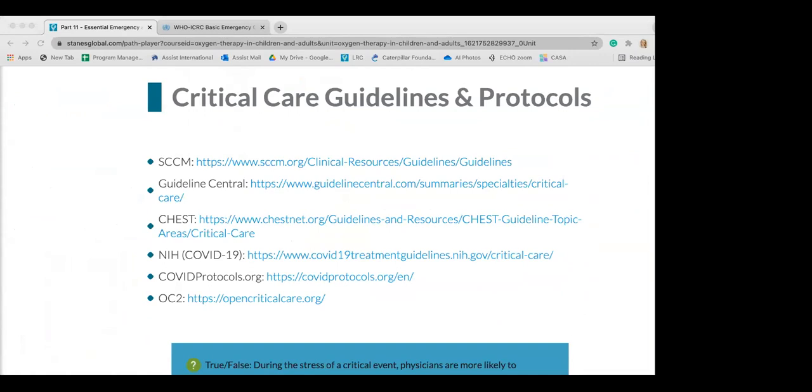Protocols: there are some protocols which you may use. Most of these protocols are from the US, but feel free to use one of them as you see fit. But remember to adapt them to the context of Rwanda. Let's continue.